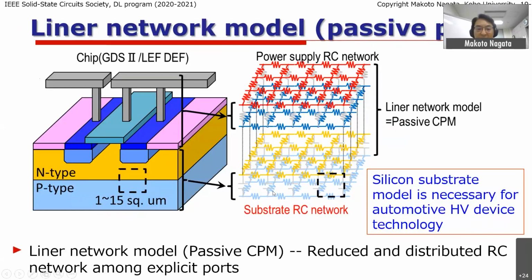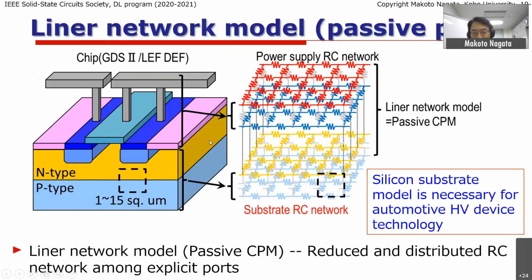One important thing I would like to mention here is that a substrate RC network is also needed for the chip level model. In the silicon substrate, those are resistive materials, but of different impurity types. That means we have junction capacitance between the N-type and the P-type, or P-type and the N-type, vice versa, for the P-type silicon, P-channel and N-channel MOSFETs.